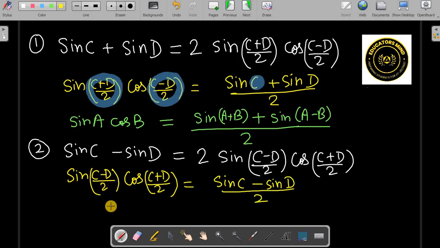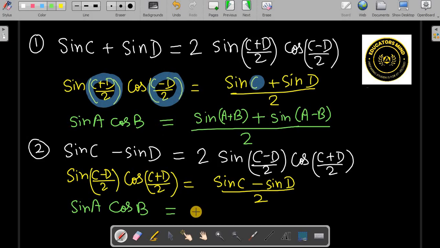Now again I am going to replace it by another thing. Suppose I replace sine A into cos B, where A is (C minus D) by 2. When you add them, you get C, (C minus D) by 2 plus (C plus D) by 2, you will be getting C.